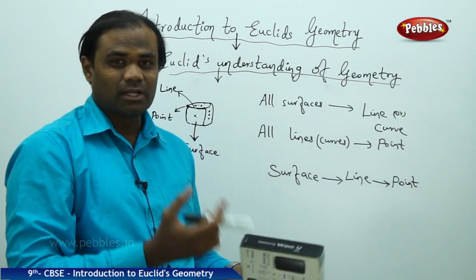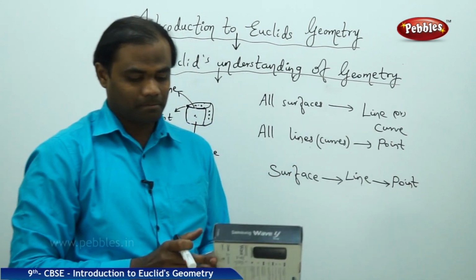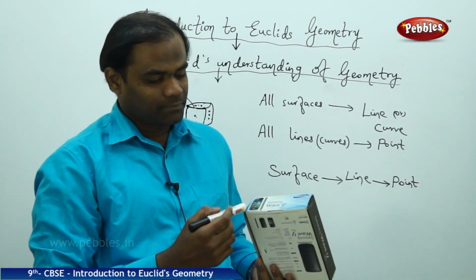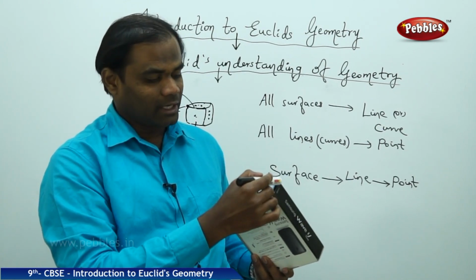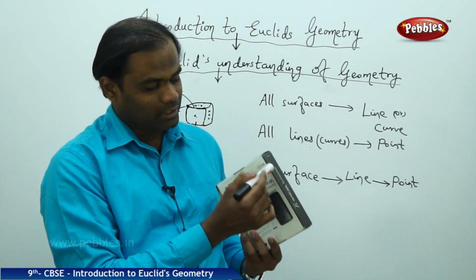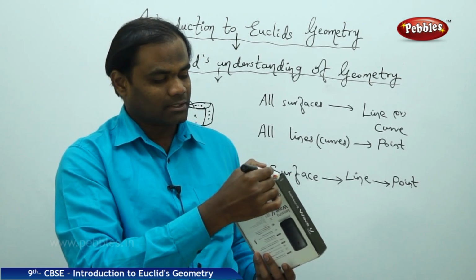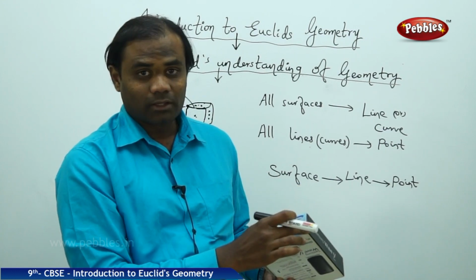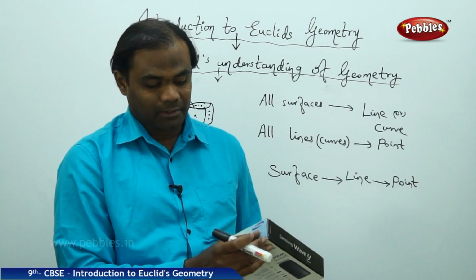Now let's see how the lines make the point, or how the curves make the point. As I see here, the line 1 made by these two surfaces, and the line 2 made by these two, and the line 3 made by this and this surface, all the three lines, line 1, line 2, and line 3, all meet at this point.